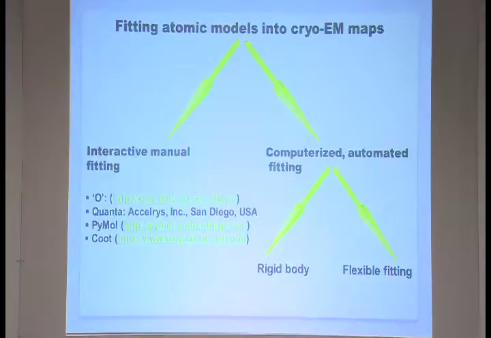Then computerized automated fitting came into the picture, and the automated fitting was also as a rigid body at that time, only to avoid the error associated with human error. But then with the resolution getting better and better, flexible fitting came into the picture.